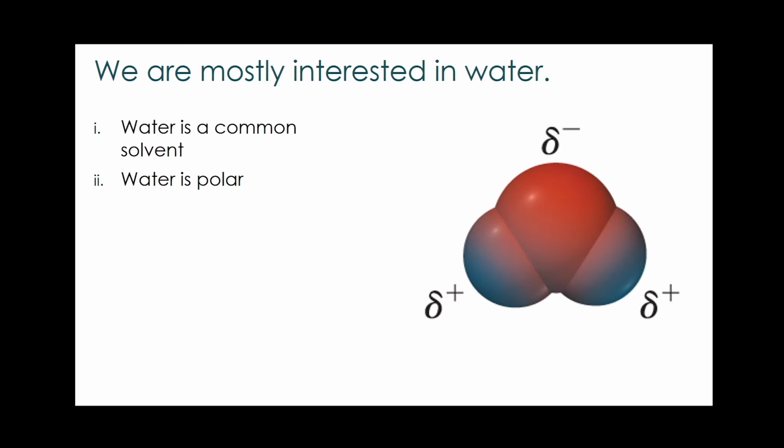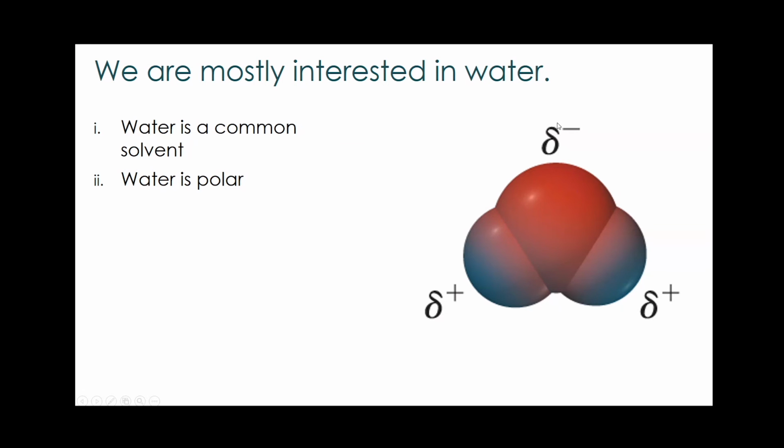Water dissolves lots of different things, mostly because it's polar. And when we talk about something being polar, what that really means is that the electrons in the molecule aren't evenly shared or evenly distributed. So one end of the water molecule here, this is where the oxygen is, has a partial negative charge on it.